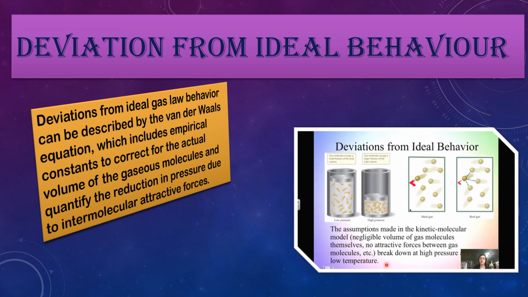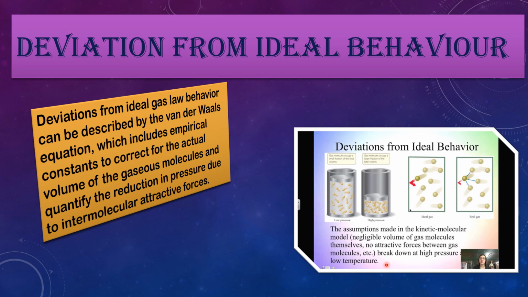The Dutch scientist van der Waals gave an explanation for the deviation of real gases from ideal behavior. He clarified two assumptions of the kinetic theory of gases. First one, in the kinetic theory of gases, the gas molecules are considered as point particles of very small dimension and their actual volume is negligible as compared to the volume of the container.